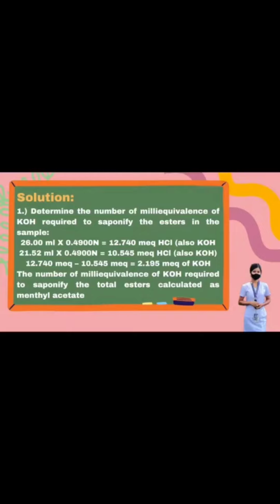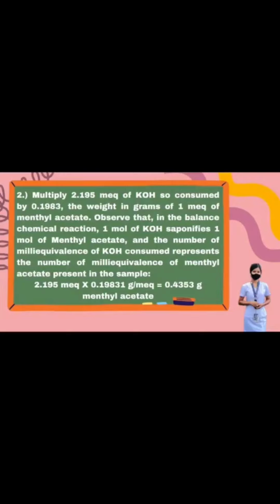The number of milliequivalents of potassium hydroxide required to saponify the total esters, calculated as methyl acetate. Second step is multiply 2.195 milliequivalents of potassium hydroxide so consumed by 0.19831, the weight in grams of 1 milliequivalent of methyl acetate.